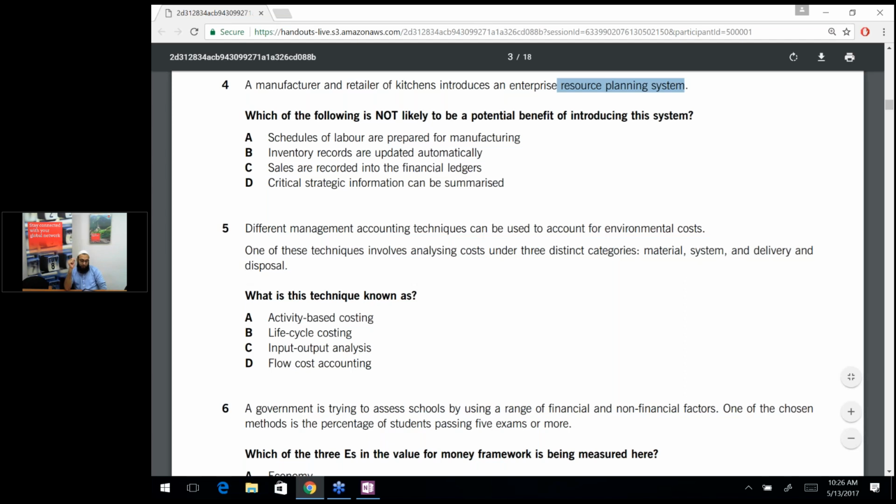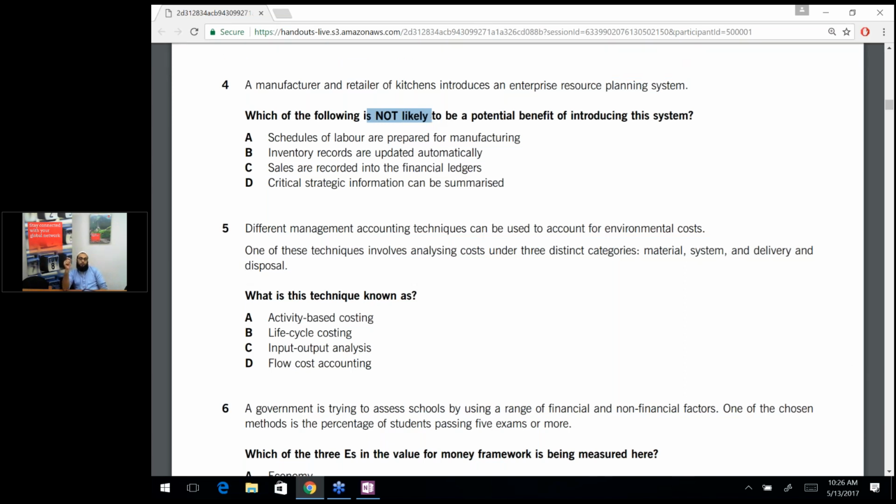Now the benefit of ERP is that if you enter data from one department, the impact of that will automatically go to every department, which means the things are automatically updated. So ERP has benefits, but the question says, which of the following is not likely? These are the key things for theoretical MCQs.